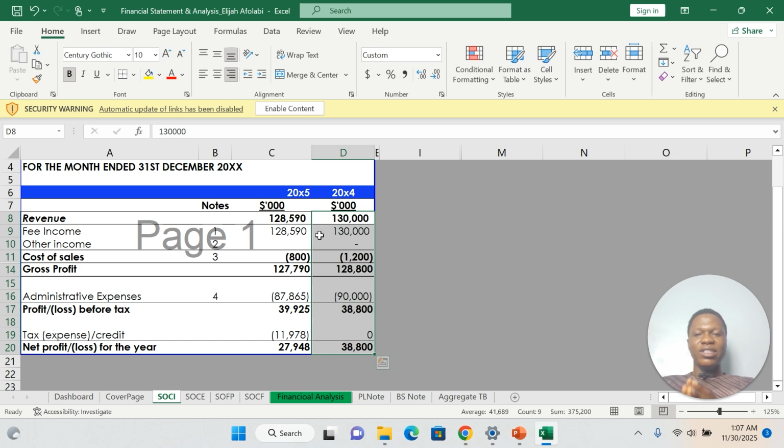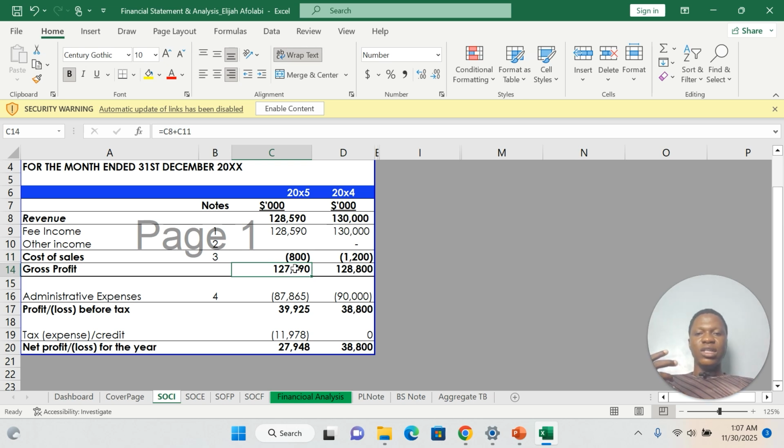For Early Finance, we can see the revenue in 20x5 and the revenue in 20x4. You can also see the cost of sales. That's the direct cost they have to incur to earn this revenue, and the revenue minus the direct cost is what gives us the gross profit for both periods.